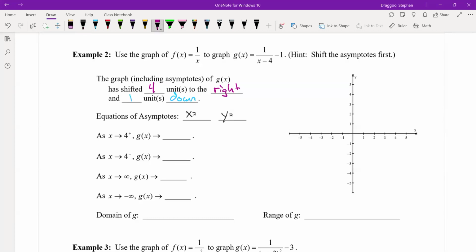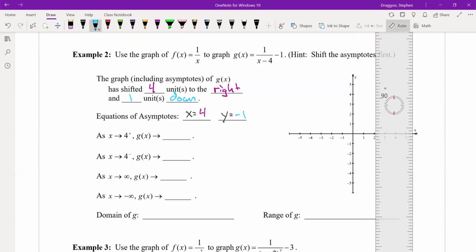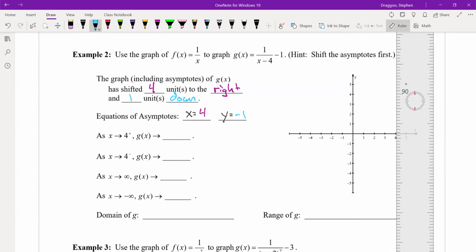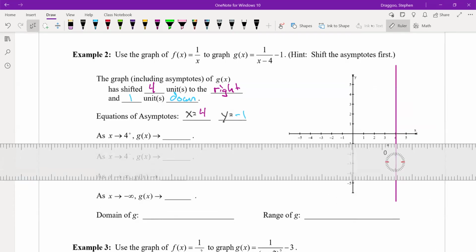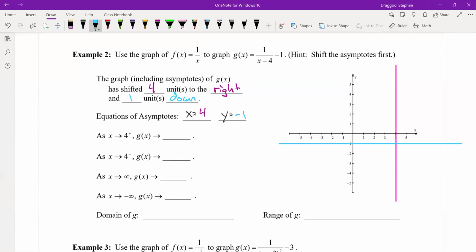That vertical asymptote is now going to be at x equals 4, and the horizontal asymptote at y equals -1. And I would just graph those two asymptotes first. So x equals 4 is right there, and y equals -1 would be right here. And then I can plot my new graph.